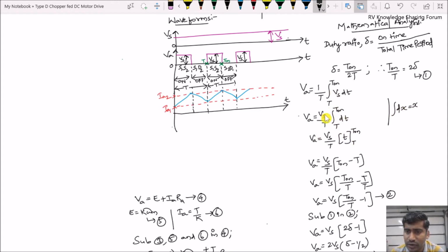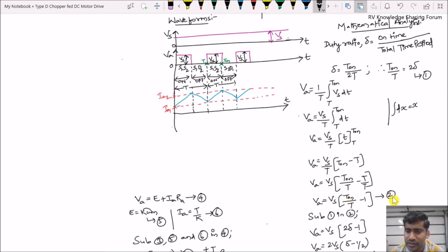Therefore, VA is equal to Vs by T, applying the upper limit T on, and when we apply the lower limit, we have to subtract. Multiplying T inside, we get VA is equal to Vs into T on by T minus 0 which is T on by T. Therefore, VA is equal to Vs into T on by T, which is represented by equation 2.